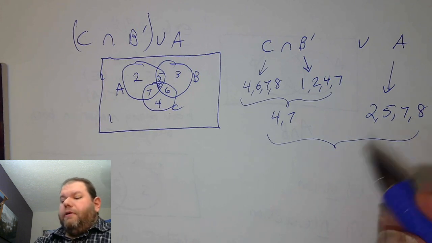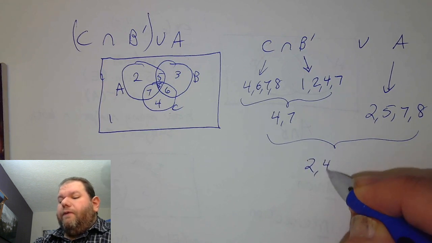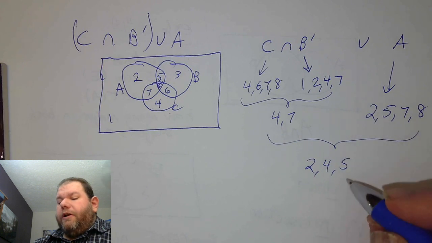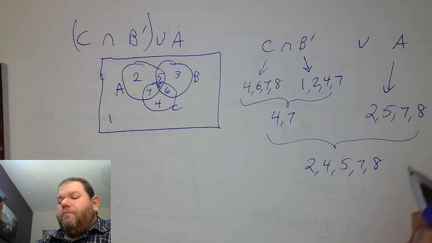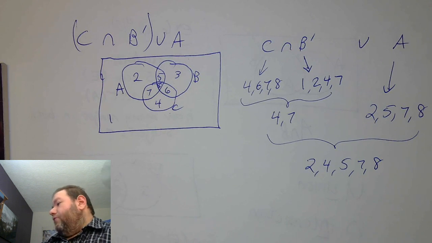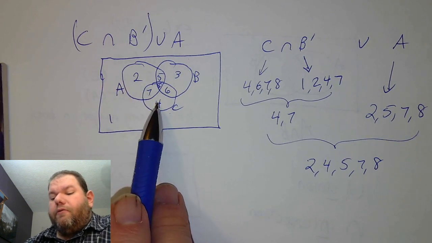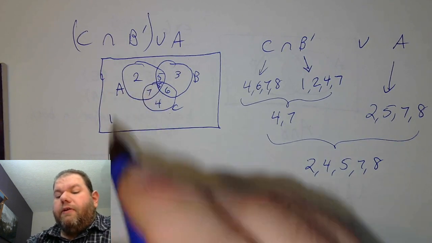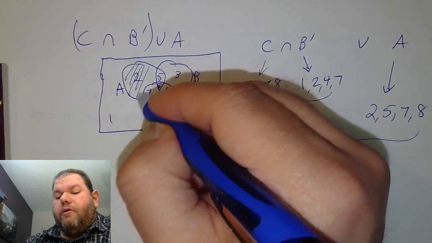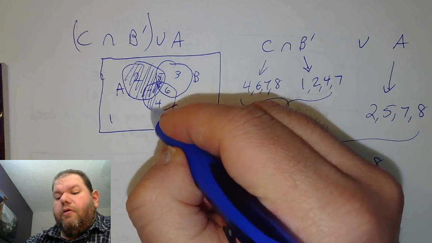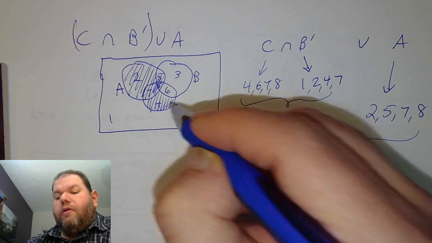Good, good. 2, 4, 5, 7, and 8. Right. And so we would go through and shade all 5 of those regions. So 2, 4, 5, 7, 8. Like so.